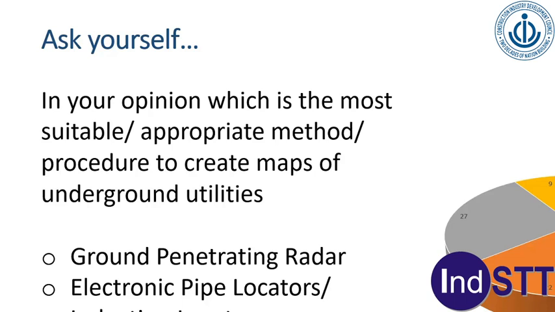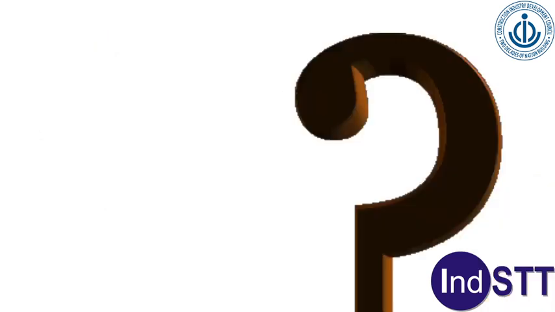Of course, you will not be able to answer this question, but with my experience of doing this lecture live, the kind of answers I get: 42% say GPR, around 22% say EPL, 27% say trenching, and around 9% say other. So that's the kind of response which we get. I will come back to this question at the end of this presentation again.